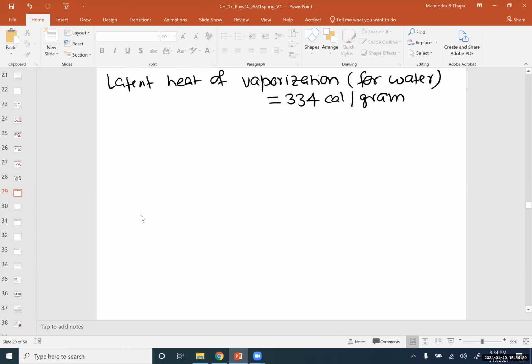If we have this in a container, say we have water, at 100 degrees Celsius.